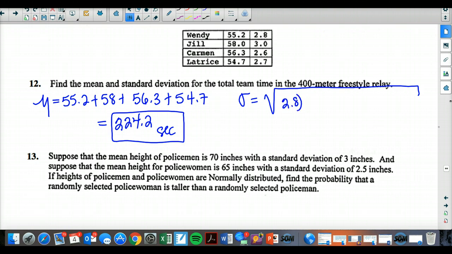So 2.8 squared plus 3.0 squared plus 2.6 squared plus 2.7 squared.